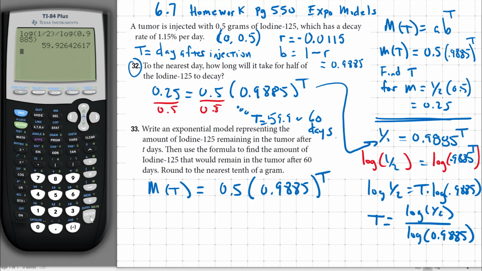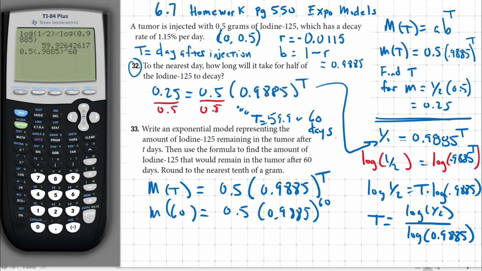And after 60 days, well, that's a crazy problem. So what we're going to find out is it's just a repeat of number 32, except it went the other way. Before we found the half-life, this time we're finding the amount. We're just going to take the 60, plug it in. And when we do, we plug in that 60, and let's calculate that and just confirm.